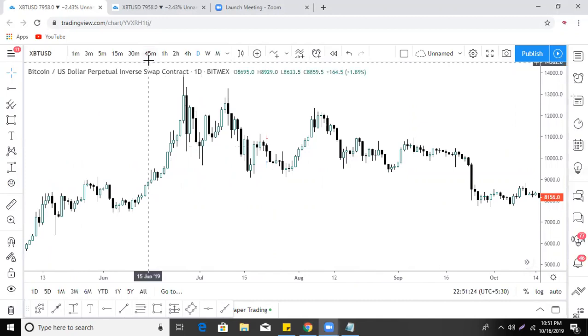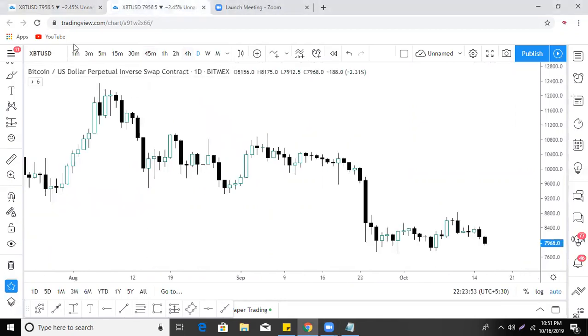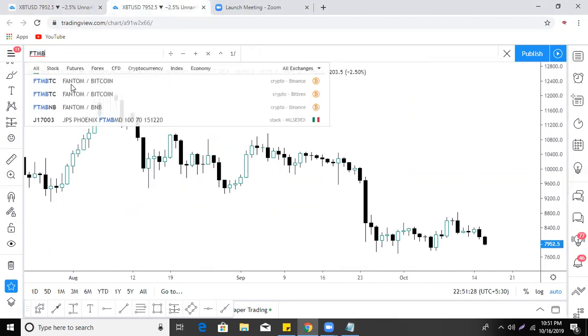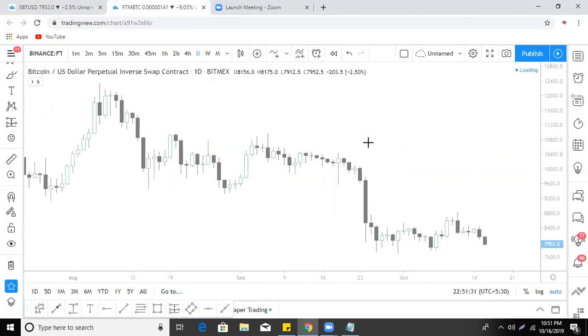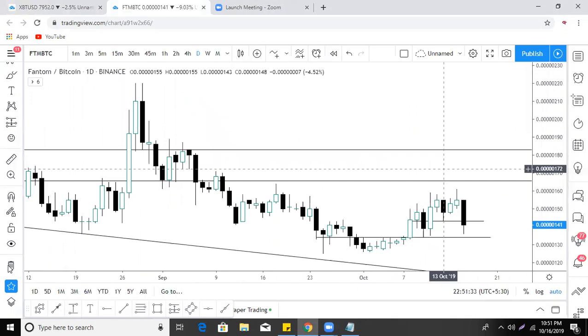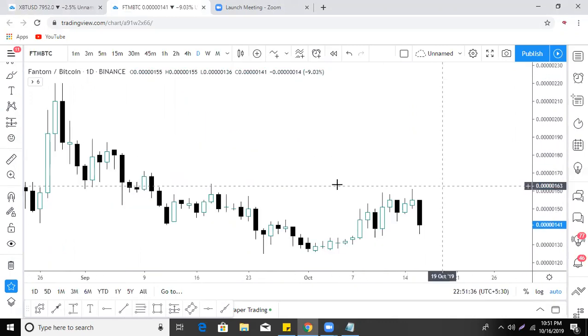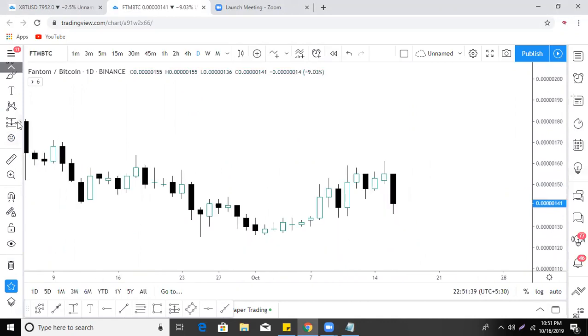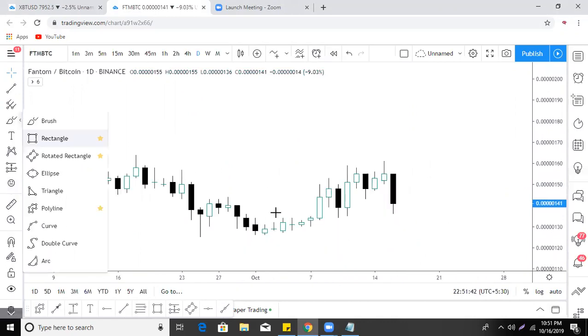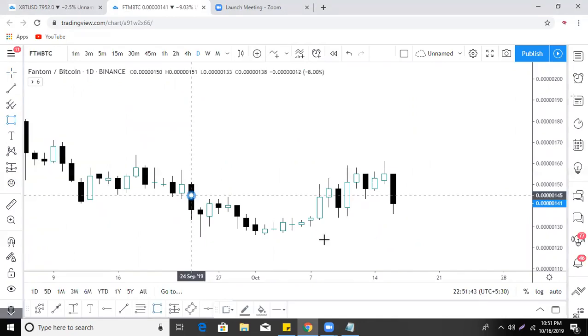Whenever you see any altcoin, I'm just showing you an example like FTM. Let's take that. Okay, you see this, right? Those who followed this signal, if you see, the price was moving in a range for a long time.